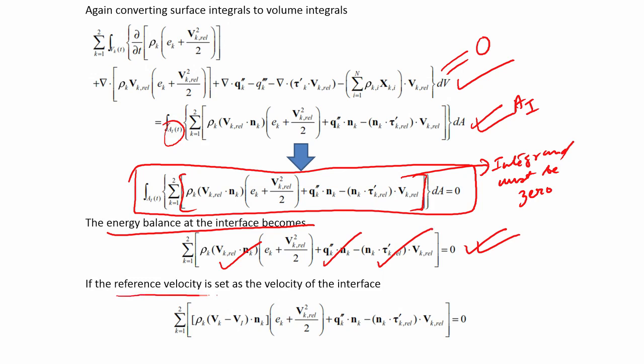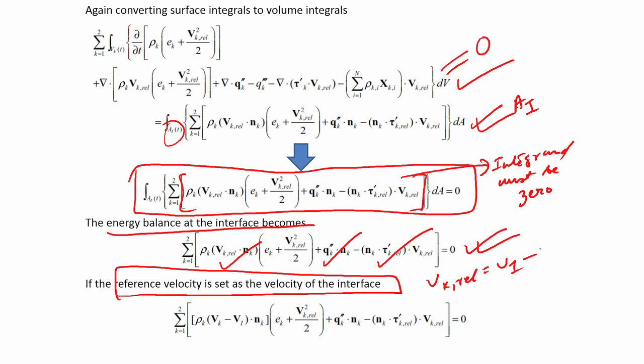Again we set the reference velocity as the same as the velocity of the interface. So once again this Vk relative becomes equal to Vk minus Vi, depending on the phase that you belong to. So this becomes the first term, wherever there is Vk relative. If you look at this particular term now, it suspiciously looks like that m dot triple prime, is it not so?